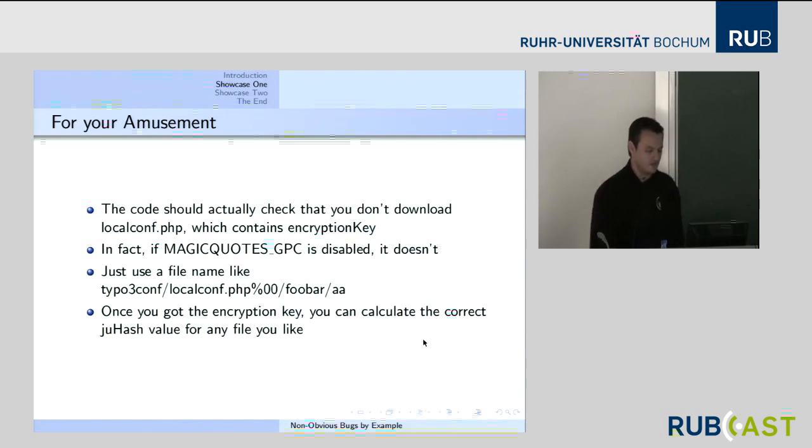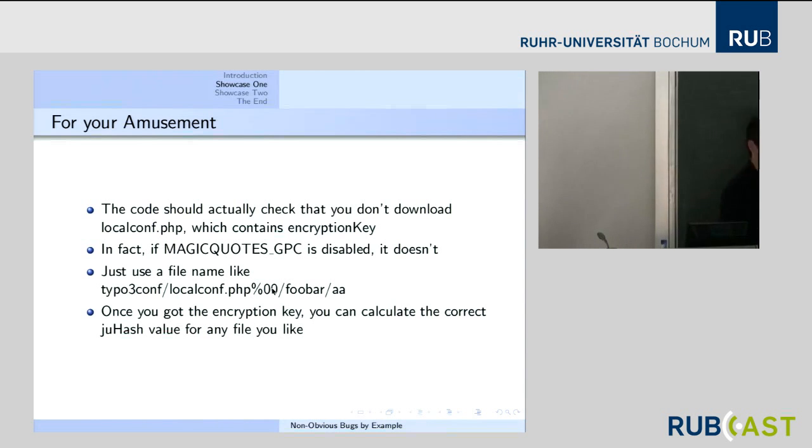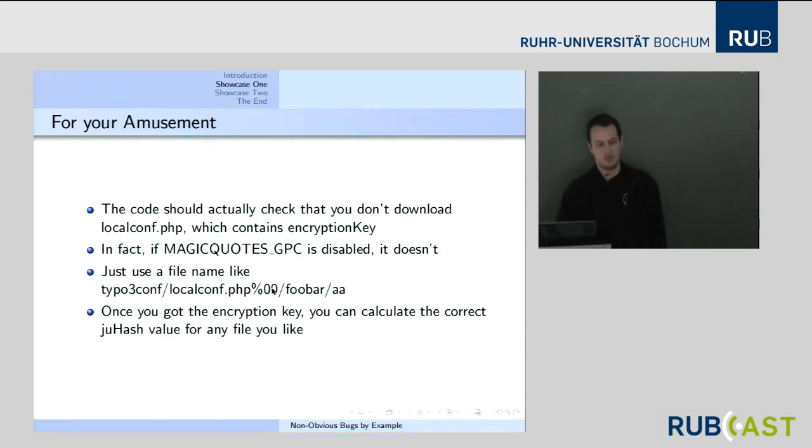Well, if the magic quotes setting is disabled, and magic quotes is deprecated since PHP 5 something, I don't know, then this check doesn't work. And if you submit a file name like this one here, so you basically insert a 0 byte here, poison null byte, then you will be able to download localconf.php, which contains the encryption key that you need to use to calculate correct hash values. So once you got it, you can calculate legitimate hash values and get any file you want in one try.